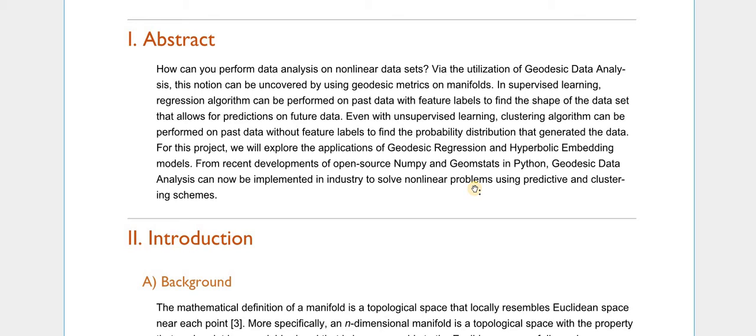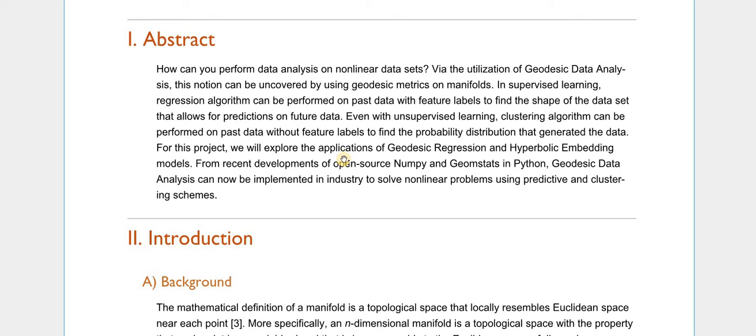Mainly, how it relates to data science is we're going to be using supervised learning in order to perform a regression algorithm, such that we can use past trained data and learn from the future labels and find the shape of the data, which allows us to predict on future data.